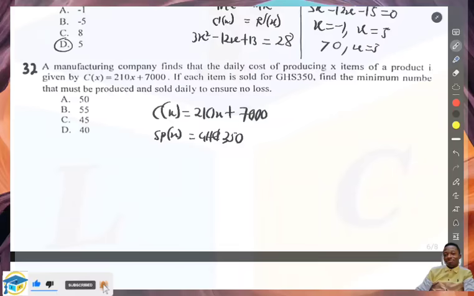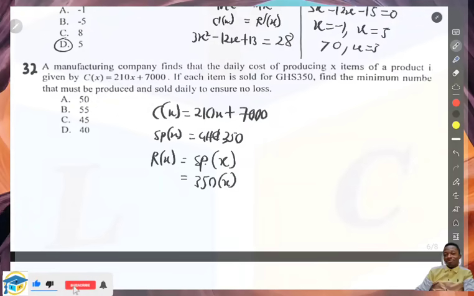So if we know our cost function to be equal to 210X plus 7,000, then we can also find our total revenue since we know the selling price per item. So our total revenue of X should be equal to the selling price of 350 multiplied by the level of output X. So our revenue function should be equal to 350X.